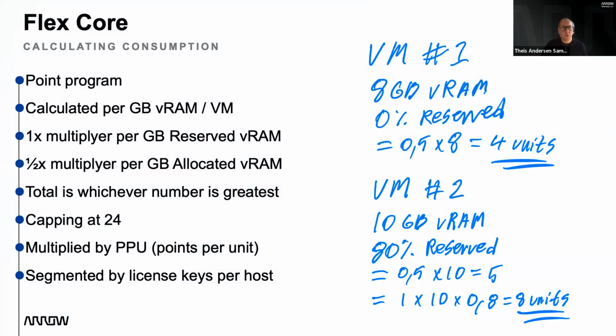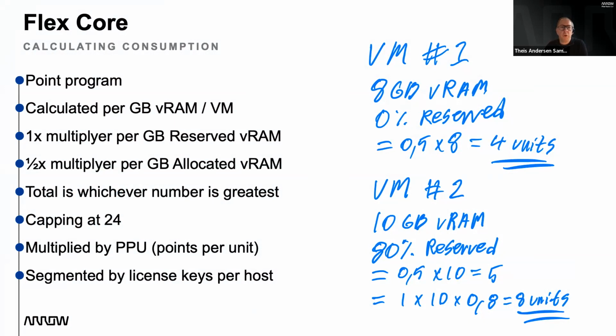And that's now. So Flex Core, again, it's a points-based program. So everything you consume in there is based in points. Points have a monetary value. So whichever contract you're on, that point will relate to some monetary value. When looking at how the points are calculated, they are being calculated on a per VM vRAM basis.